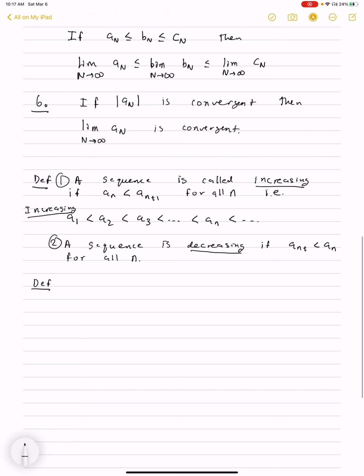Now, here's a definition of boundedness. A sequence is bounded above if there's a number such that this inequality holds.